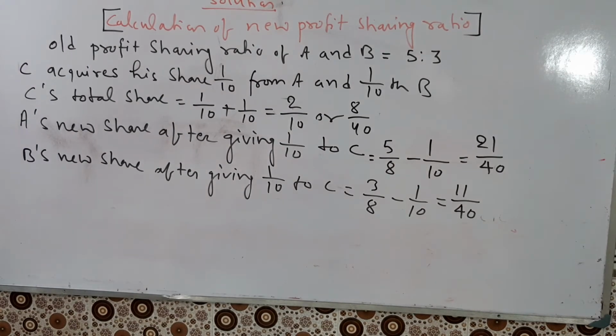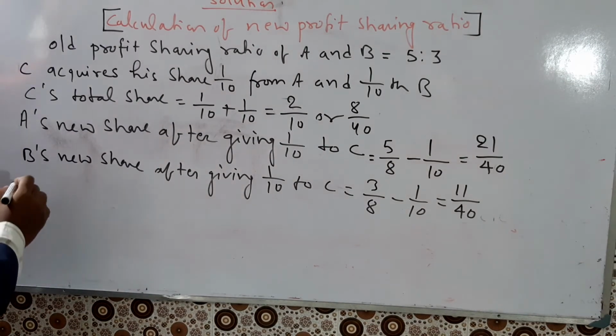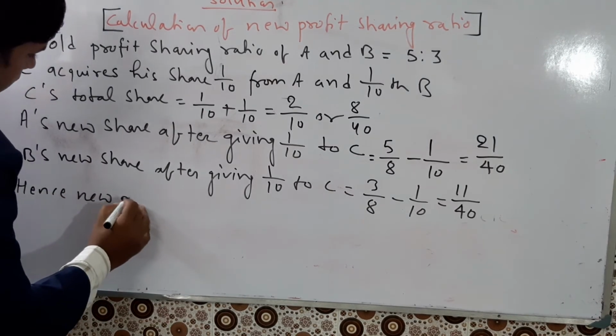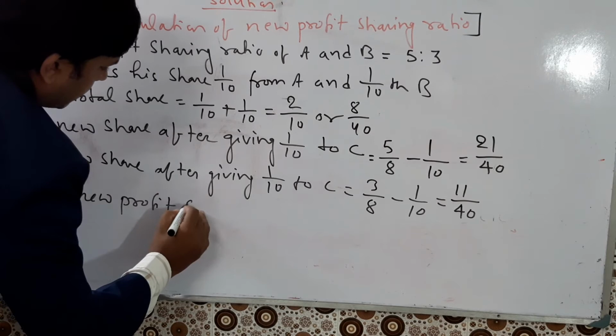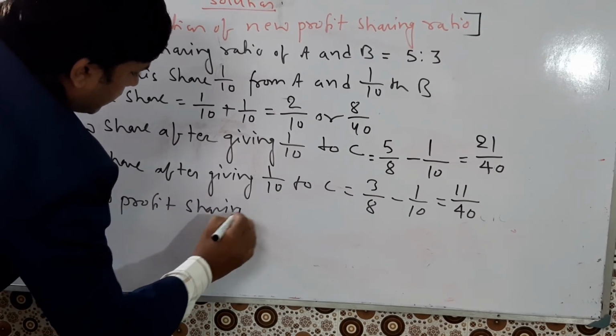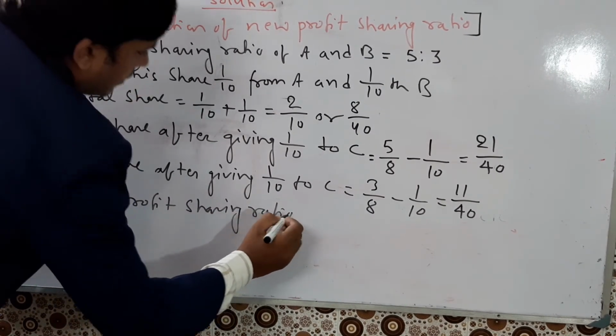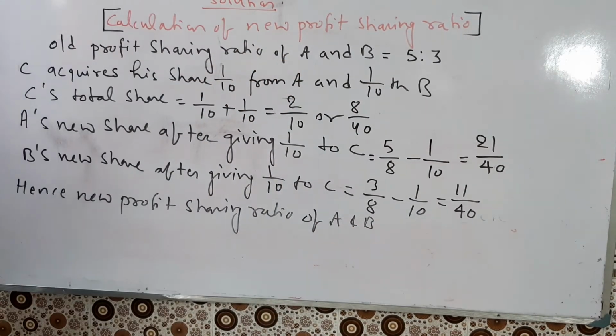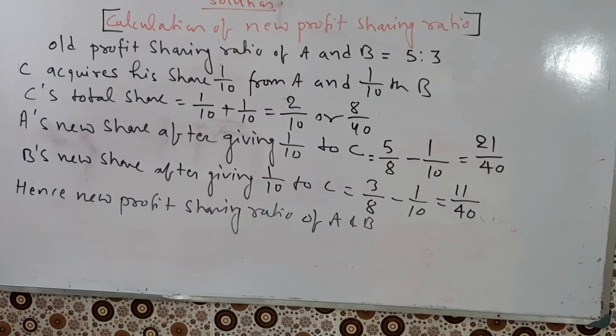Hence the new profit sharing ratio of A, B and C is 21/40 to 11/40 to 8/40. Who is C?